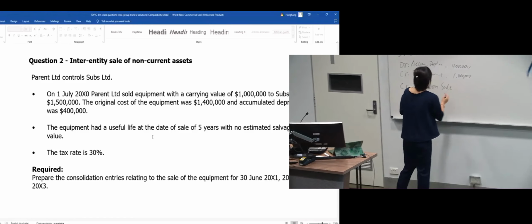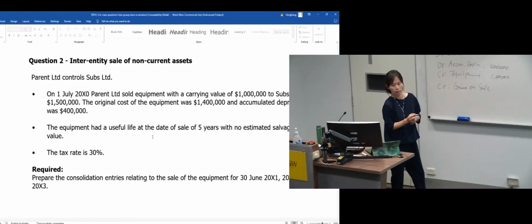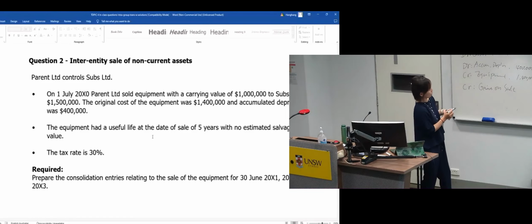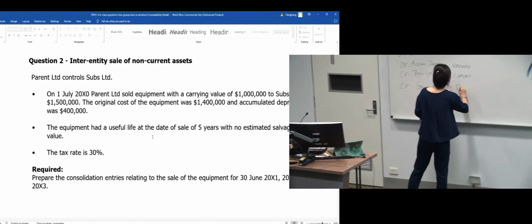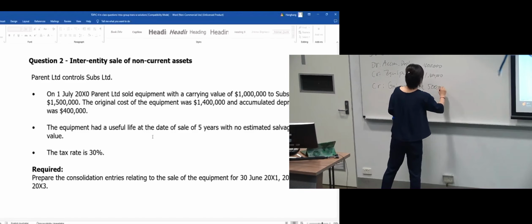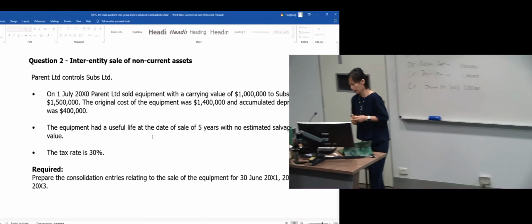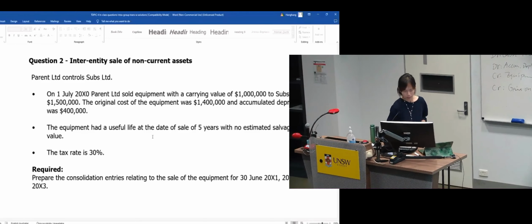So the gain on sale in the record of the parent is equal to 500,000. Now for consolidation purposes, this gain on sale in the record of the parent remains unrealized, and therefore needs to be eliminated. From the group viewpoint, this is an unrealized gain and must be eliminated.